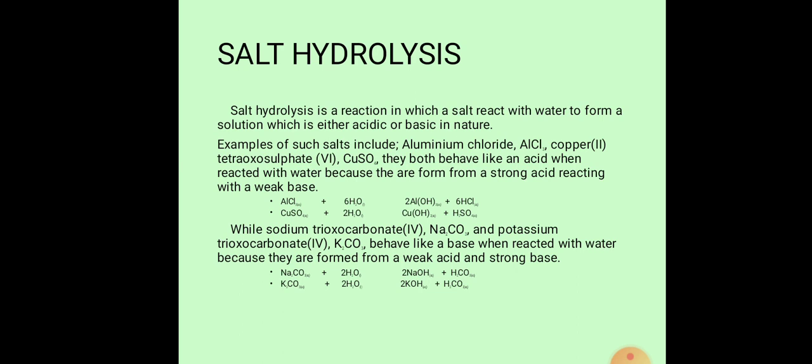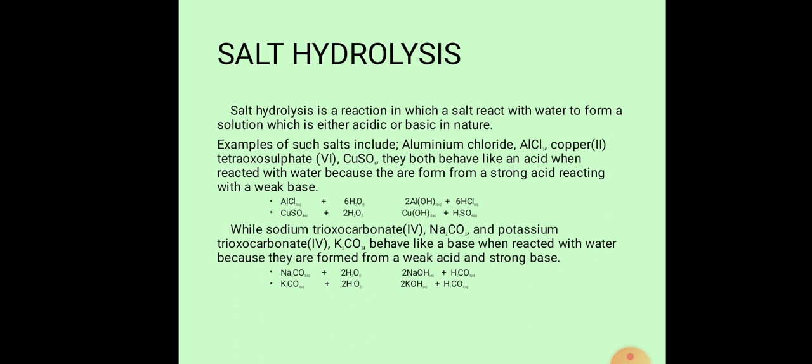In the case of aluminum chloride, it will react with water to form aluminum hydroxide and hydrochloric acid. The aluminum hydroxide is a weak base, while the hydrochloric acid is a strong acid. Because the hydrochloric acid is stronger than the base, it makes the solution of the salt in water behave like an acid.